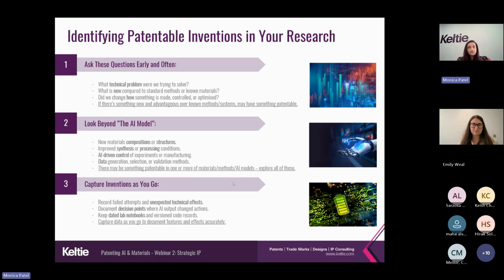Capturing inventions as you go is particularly important, because it allows you to document the features and technical effects accurately. If it's written down and captured as you go along, then you reduce the chances of missing something. You make sure everything's accurate, and it also helps to document any technical effects as you go.